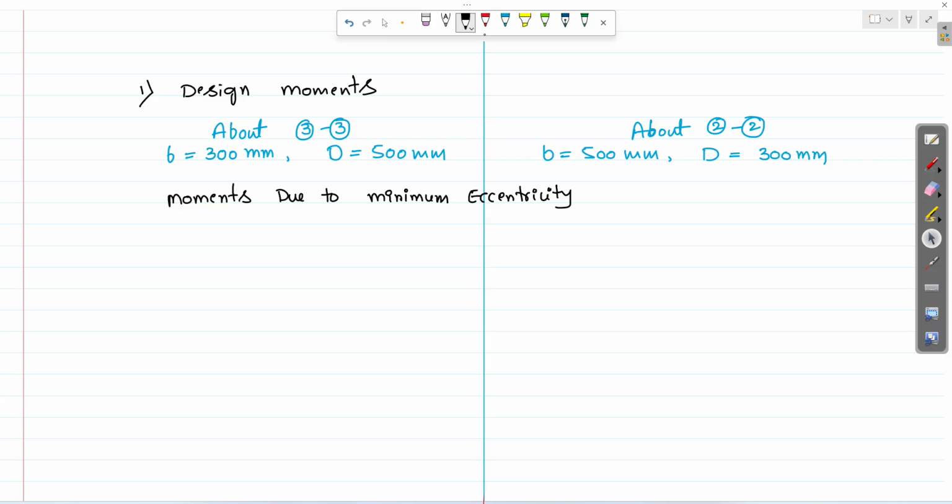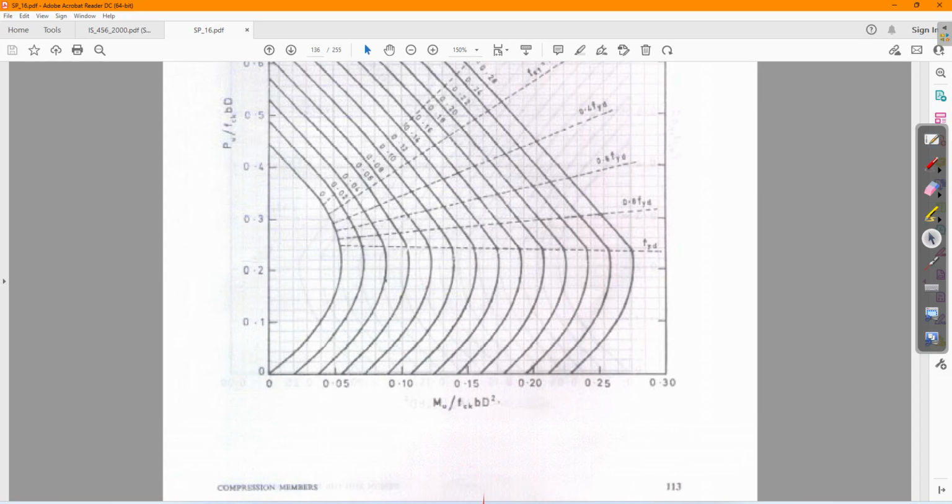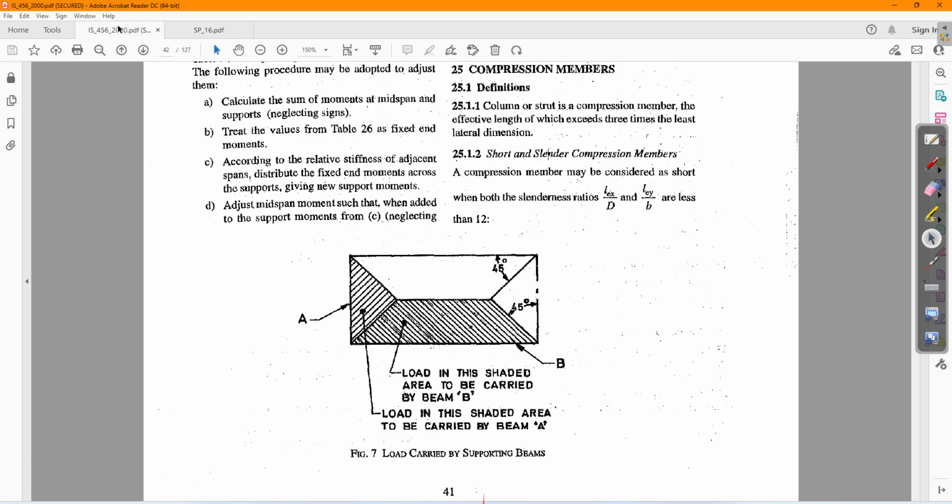So if you refer IS 456 2000, page number 99, clause 25.4. So you have the formula for moments due to minimum eccentricity. So let me open the code IS 456 first, page number 99.